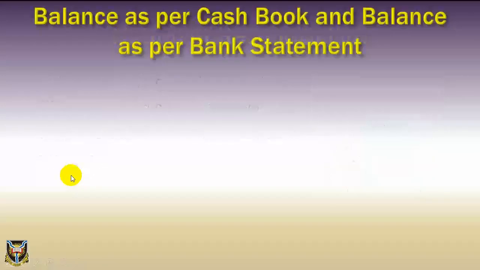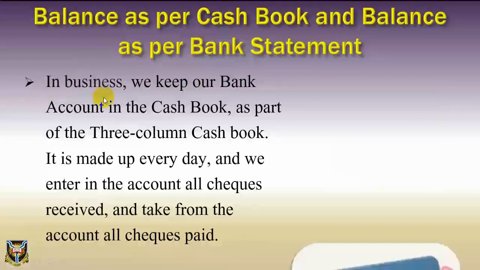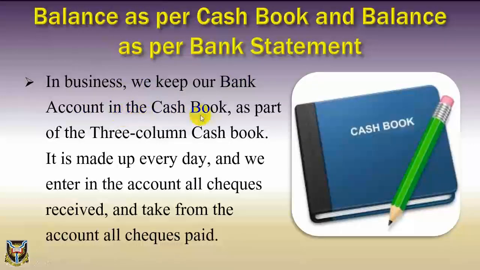B. Balance as per cash book and balance as per bank statement. In business, we keep our bank account in the cash book as part of the 3-column cash book. It is made up every day, and we enter in the account all checks received and take from the account all checks paid.